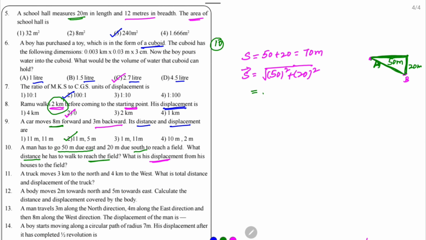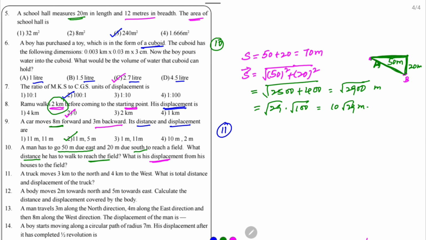So which is equal to square root of 2500 plus 400, which is root over 2900 meters. Further you can write this as root 29 times root 100, which is 10 root 29 meters. This is your answer. See question number 11 now. A truck moves 3 kilometer north.